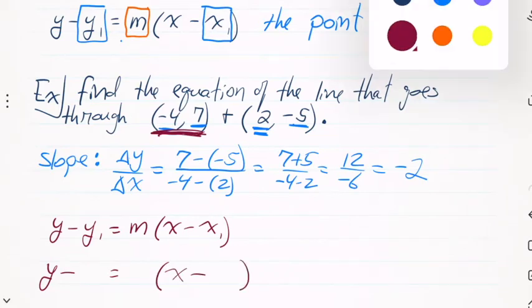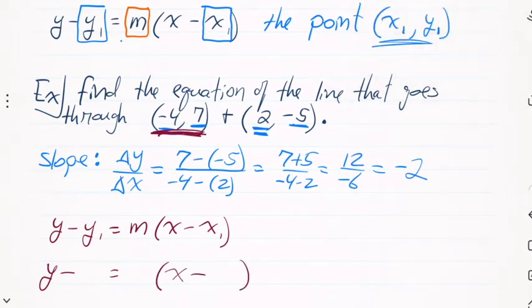I'm going to color code this so it looks a little prettier. So it's going to be y minus the 7, because y1 is the second coordinate. So this will be 7. And then it's x minus the first coordinate, which is negative 4.